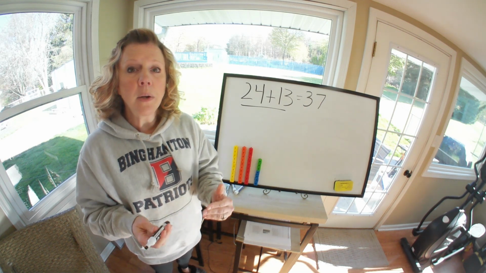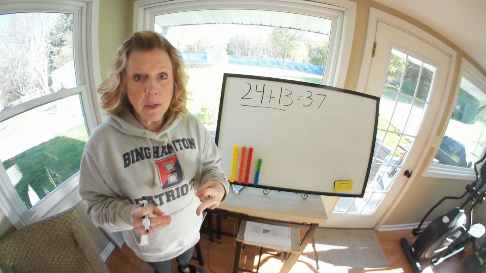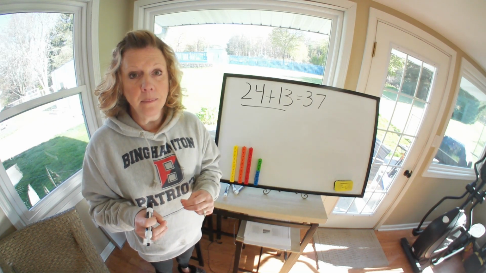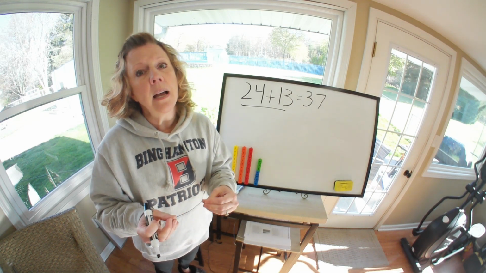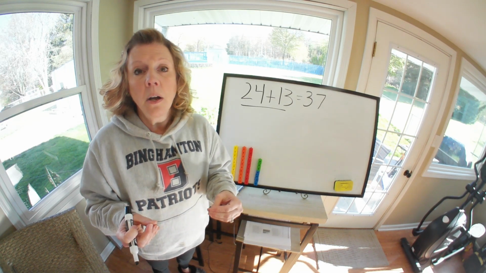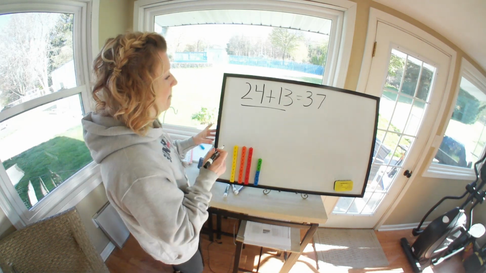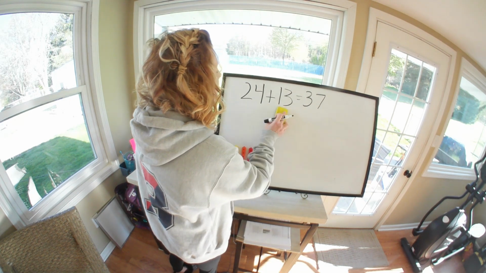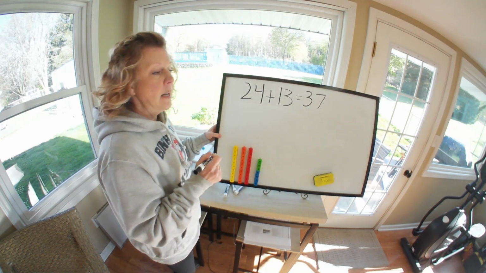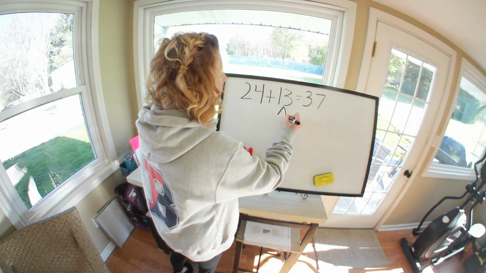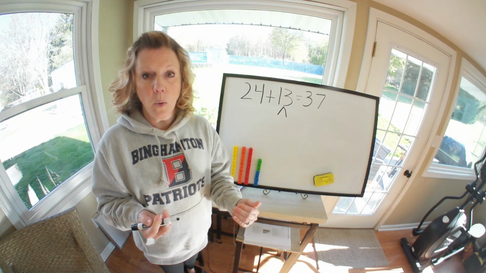Now, what we're going to do is look at this as two number sentences by doing the number bond way. You've been familiar with doing the number bond way. It's just that the numbers now are going to be a little bigger, but you're still doing it the exact same way. So watch what I mean. I'm going to take this smaller number, the 13, and break it apart into 10s and 1s.